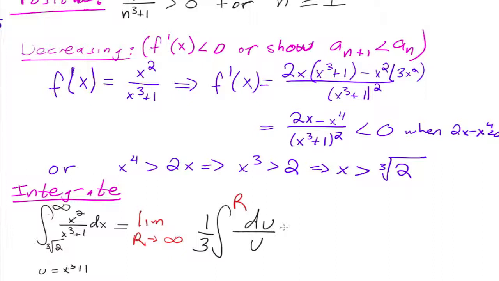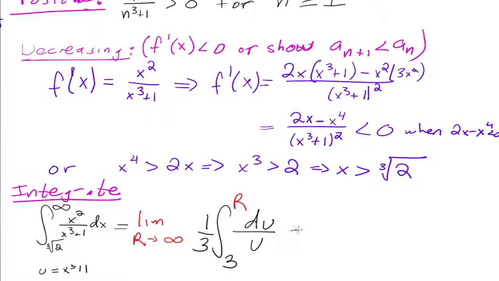If I change the limits of integration from x's to u's, what does the bottom limit turn into? When x is the cube root of 2, u is going to equal 2 plus 1, or 3, right?